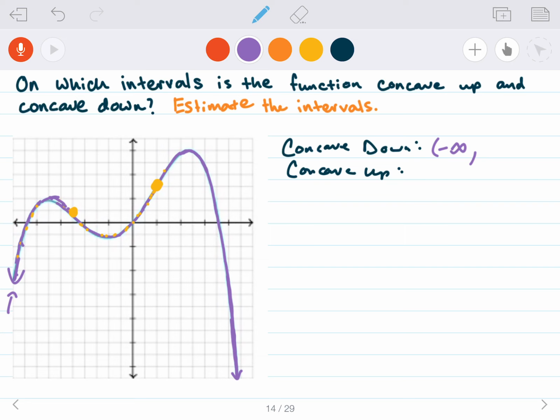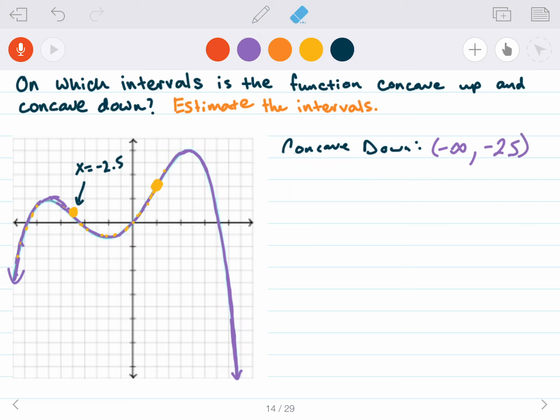So each of these little lines in between look to be like a half. So I would say this is about at -2.5. So this is x equals -2.5. I would say that's about right. Okay, great. So we're going from x equals -infinity all the way to x equals -2.5.